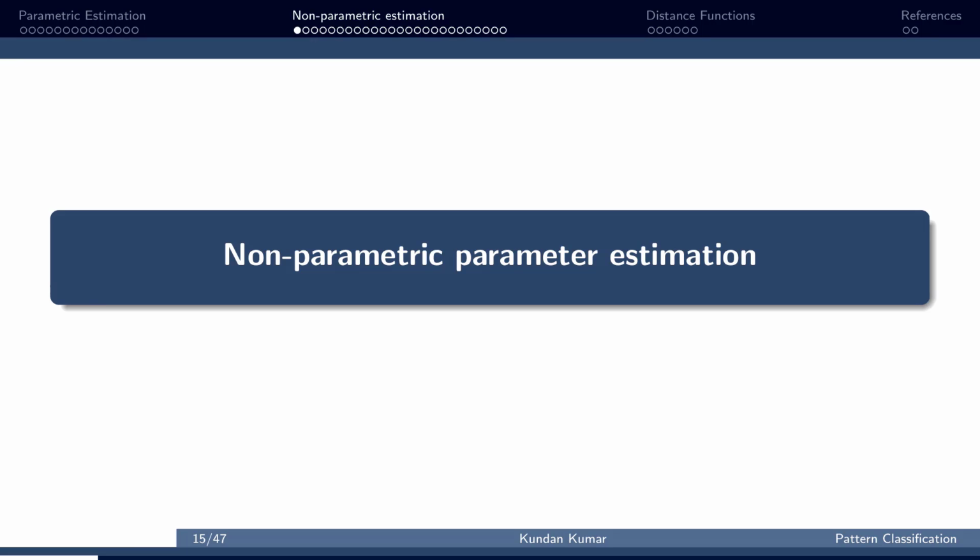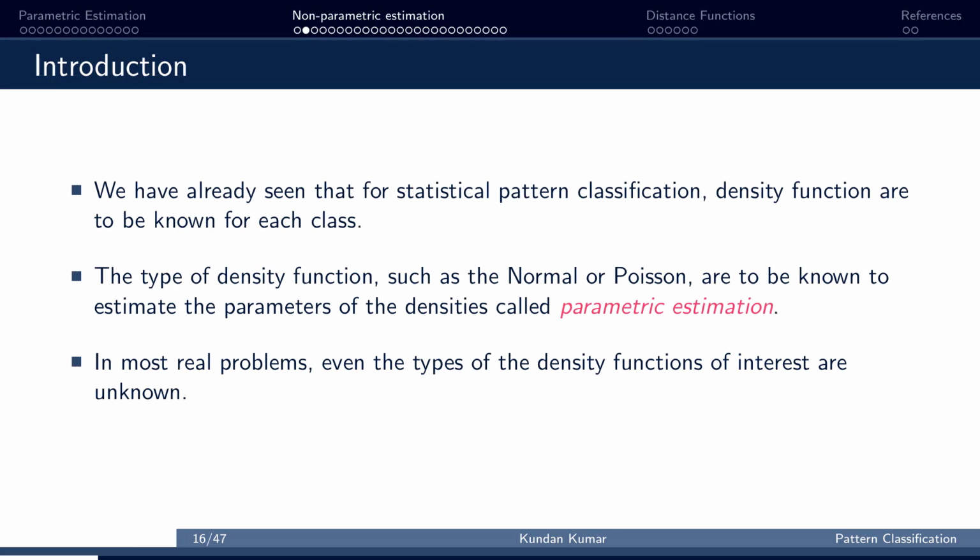Now let us discuss the non-parametric parameter estimation technique. So we have seen that for statistical pattern classification, density functions are to be known for each class, as we have seen in the Bayesian classifier.